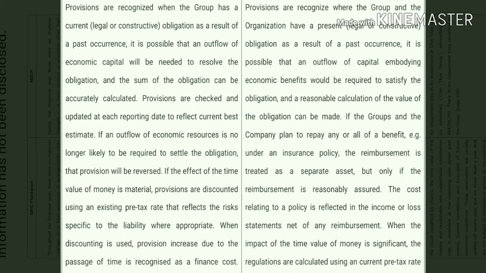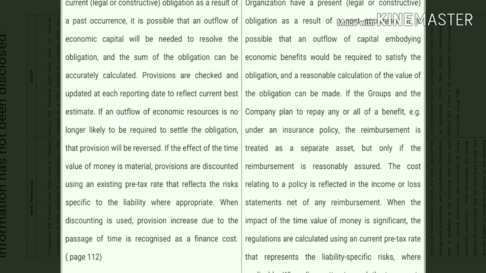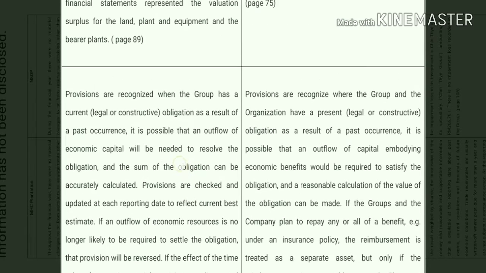If an outflow of economic resources is no longer likely to be required to settle the obligation, the provision will be reversed. If the effect of the time value of money is material, provisions are discounted using an appropriate pre-tax rate that reflects the risks specific to the liability. When discounting is used, the provision increase due to the passage of time is recognized as a finance cost.